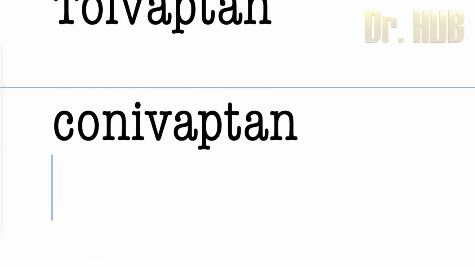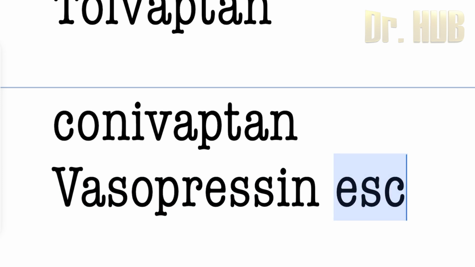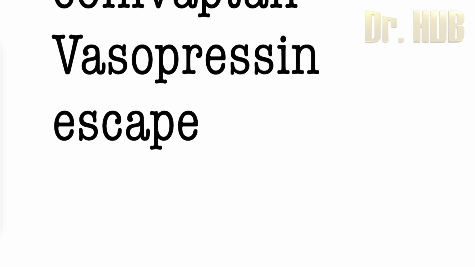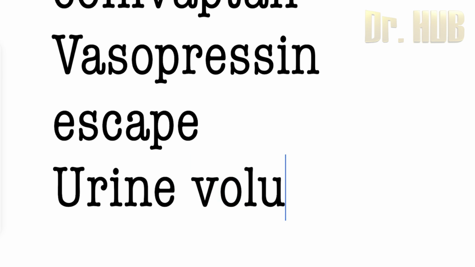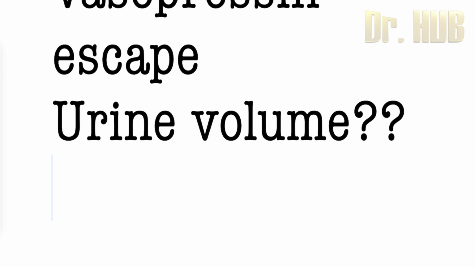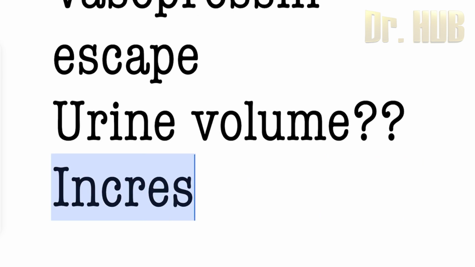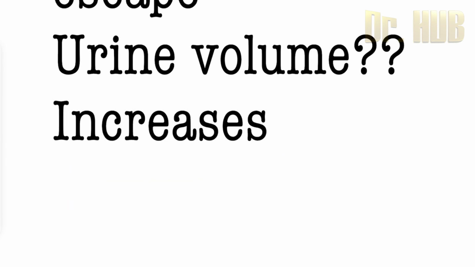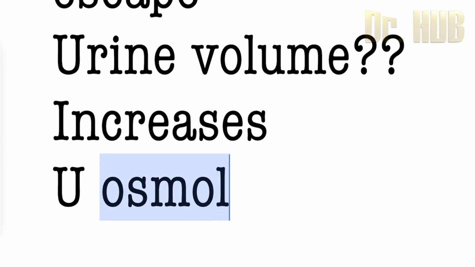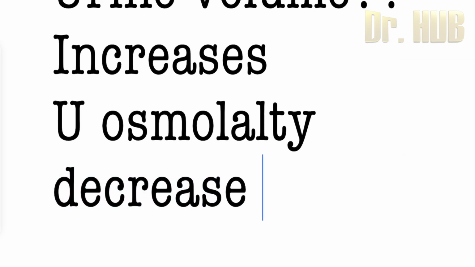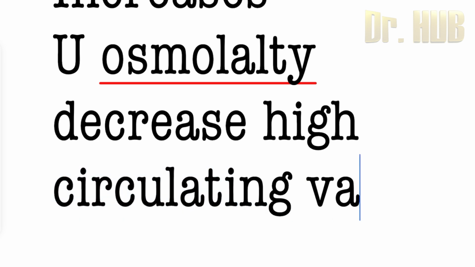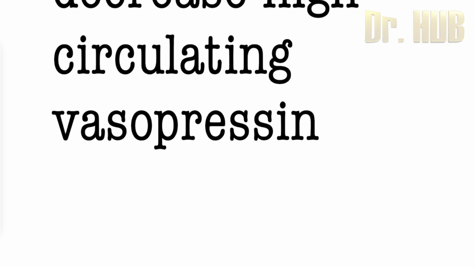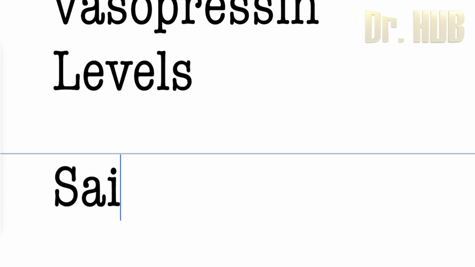Now let's quickly look at vasopressin escape. It is characterized by a sudden increase in urine volume with a decrease in urine osmolality, independent of the high circulating vasopressin levels, as in SIADH.